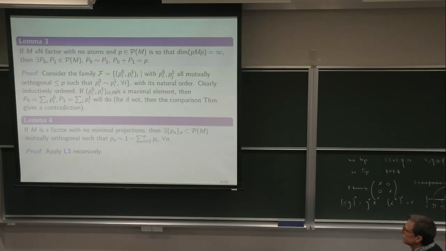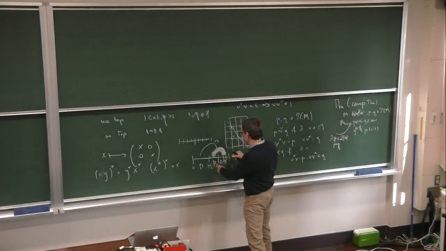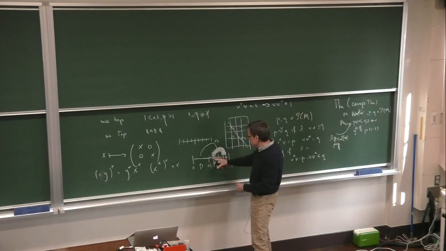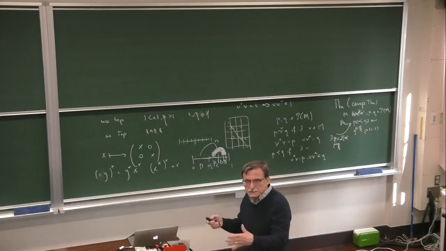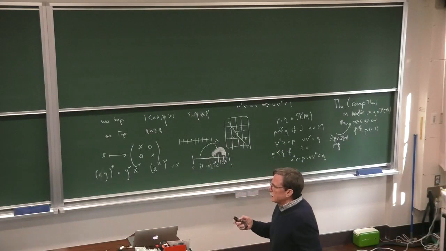Then you have a sequence of mutually orthogonal projections, exactly like I did here. So you can split in two, then the next one in two with these two equivalent, which amounts to 1 minus the first two being equivalent to this, and so on. So you can split consecutively in two.